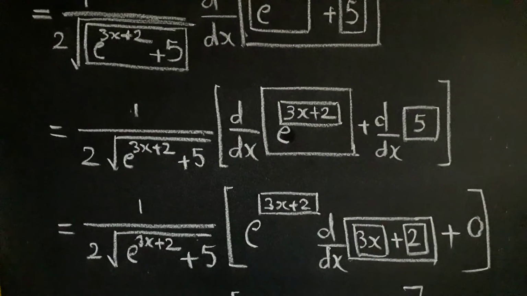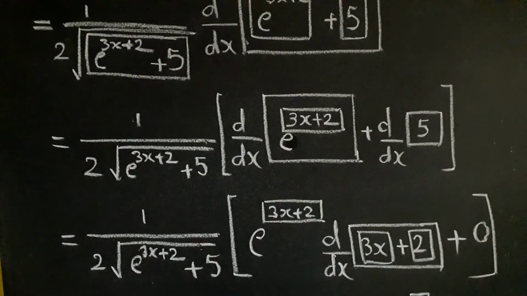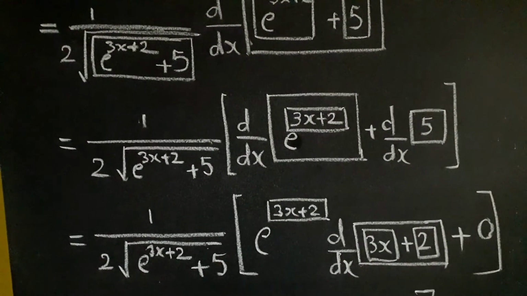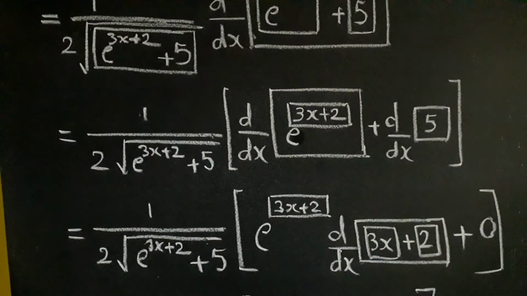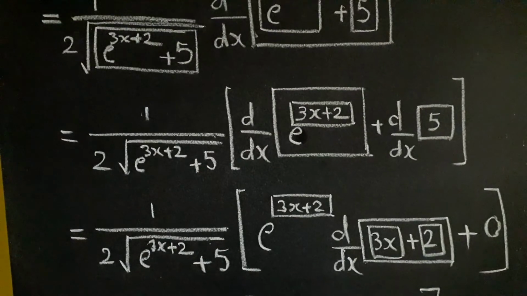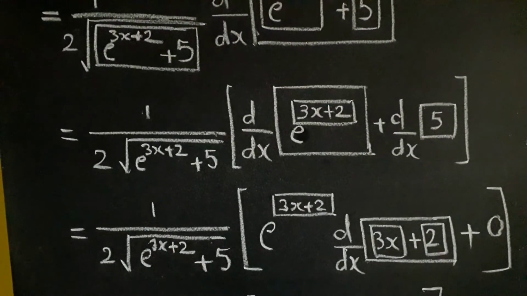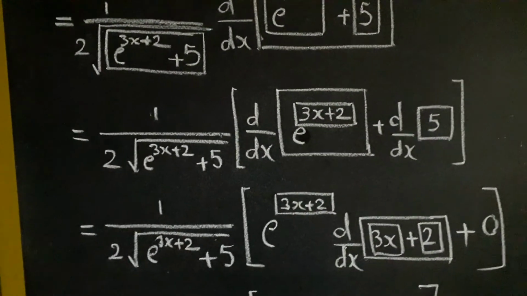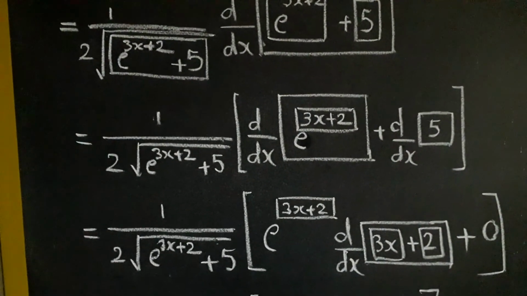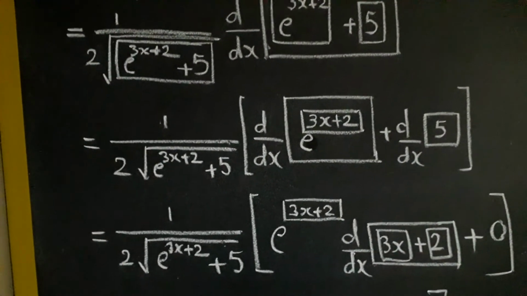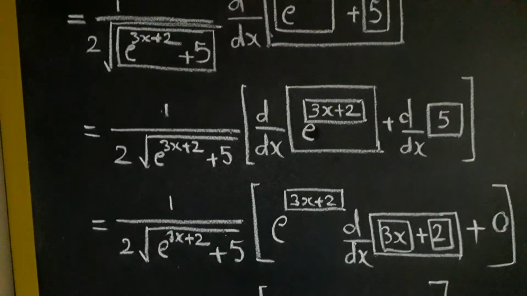Now once again there is a box which we have to open, so d dx is already there. Again when you open that box, what you find is two separate boxes, so we find the derivative of the two separate boxes. That means we are supposed to open the two boxes separately.